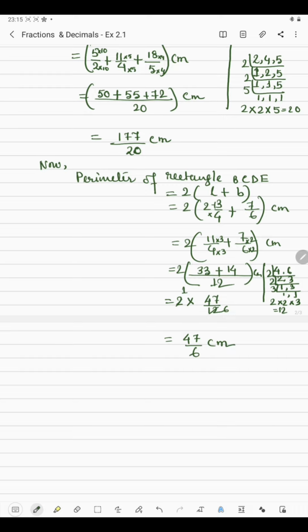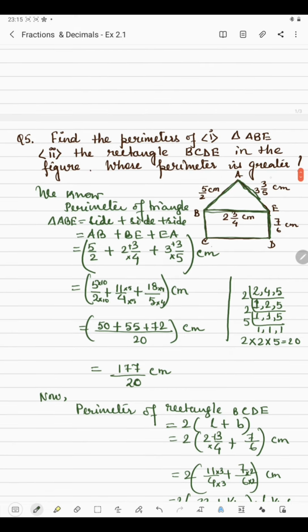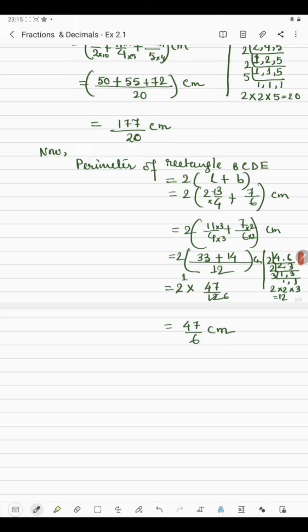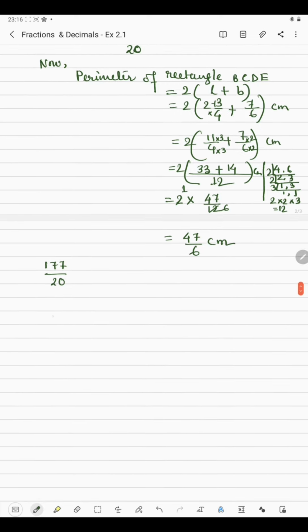Okay, now the question is whose perimeter is greater. So what you have to find to compare these two, we will make the denominator same, then only we can say that whose perimeter is greater. So here one is 177 by 20 and another is 47 by 6.